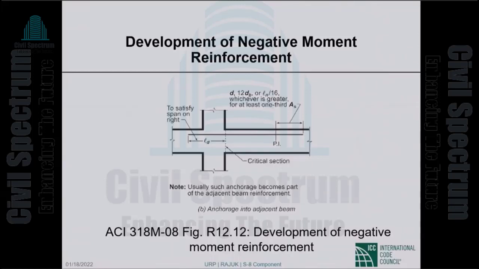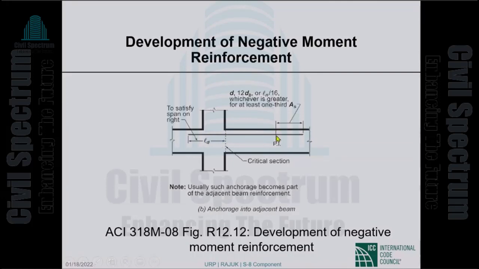However, this is what we were talking about beyond the inflection point. Okay, so this is obviously a negative bar at the base of the support. We have to have the bar fully developed. That would require development length, straight bar development L sub d. So the bar needs to continue for at least L sub d this way.